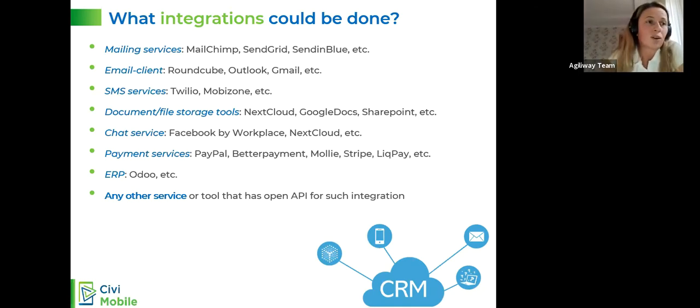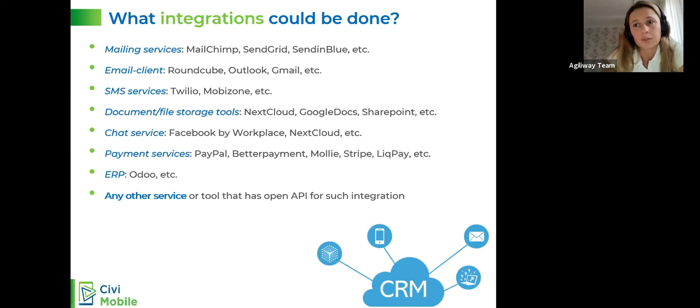As I know, we already have, I think, 3 extensions for CiviCRM, maybe more. Maybe not all of them are public, but in general this is a very popular service. SendGrid and SendBlue are the other main mailing services, but it's not the whole list, and any other can be done.